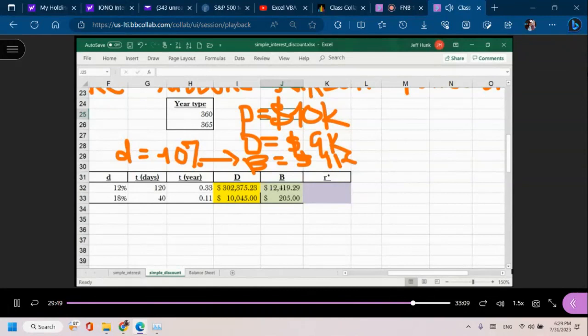I don't know if this is a good analogy, but I normally call this type a loan. But think about it. They took $1,000 interest out of 10,000. So is the interest rate 10%? Actually, 10% is the discount rate, isn't that right?